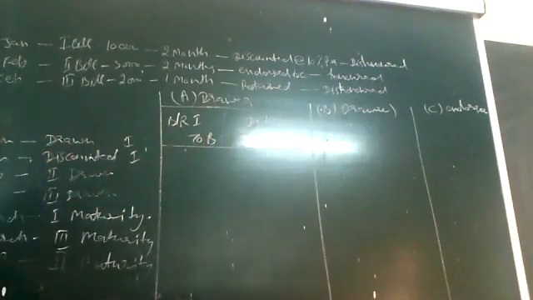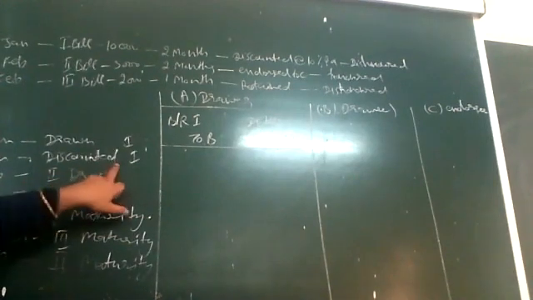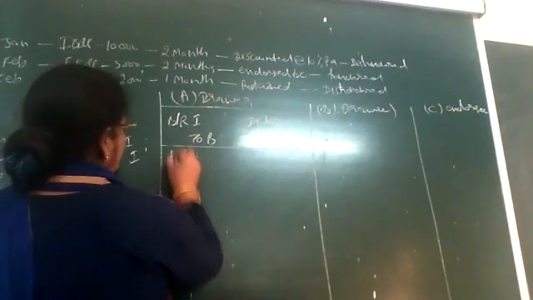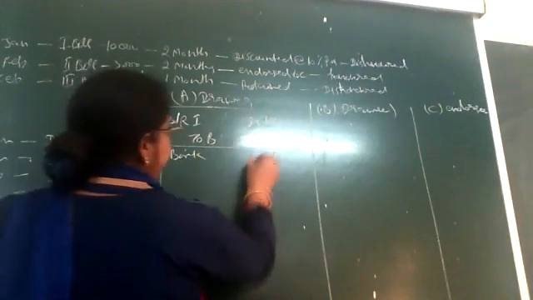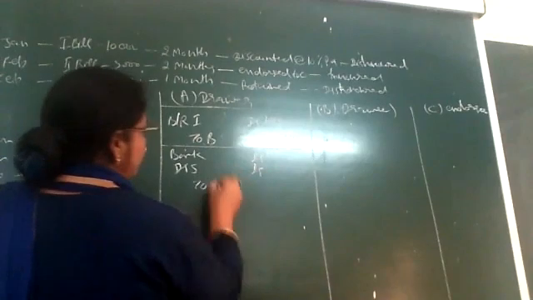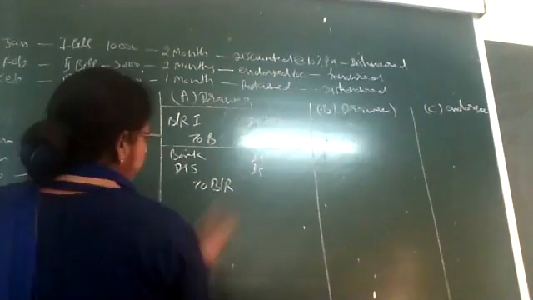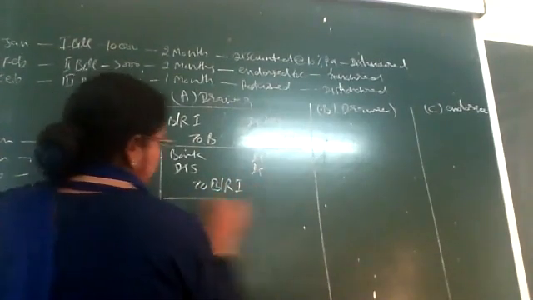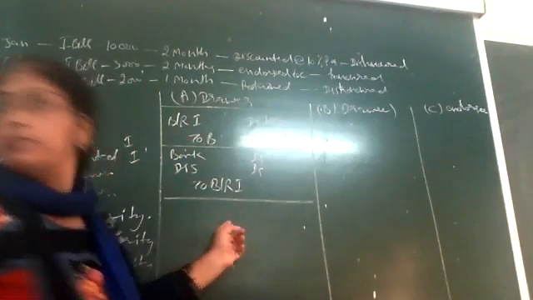After this, the first bill was discounted: Bank debit, Discount debit, to Bills Receivable 1. This is the bill discounted.